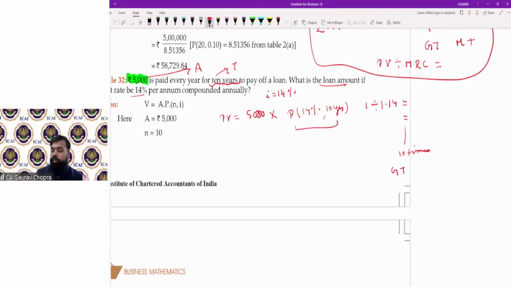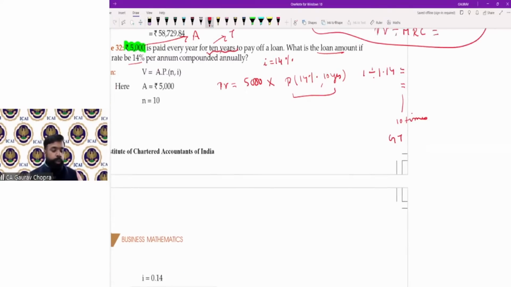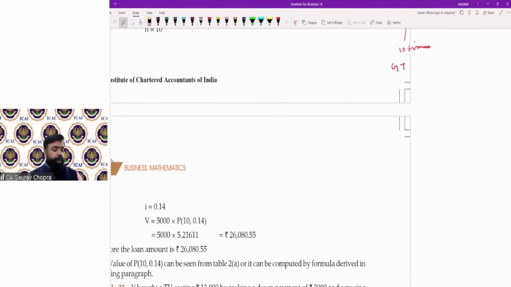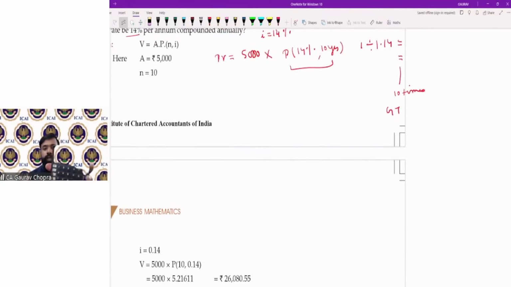So 1 divide 1.14, press equal to 1, 2, 3, 4, 5, 6, 7, 8, 9, and then 10. After that, press GT button. How much we are getting? 5.2161. This we are getting, 5.2161.